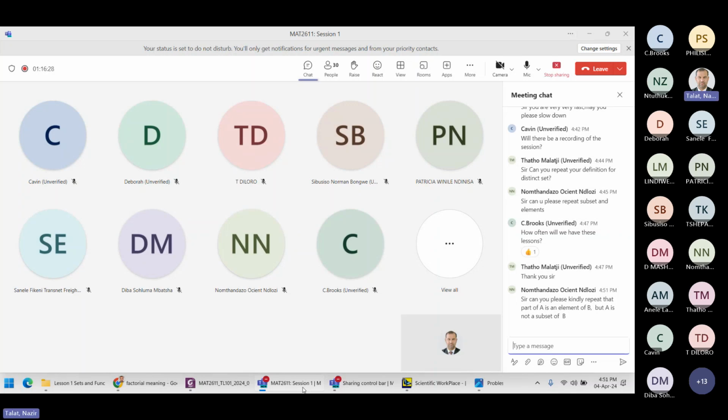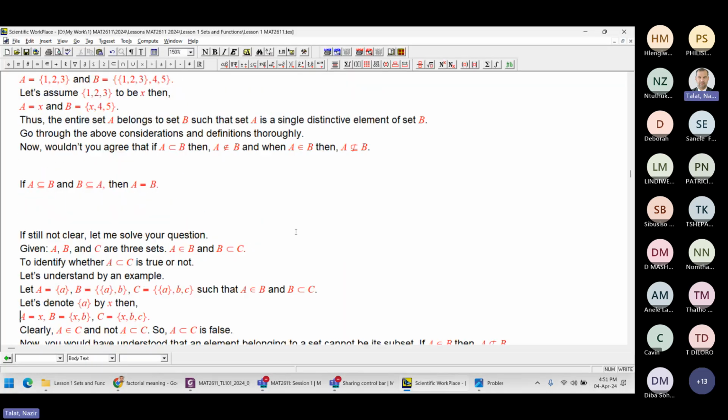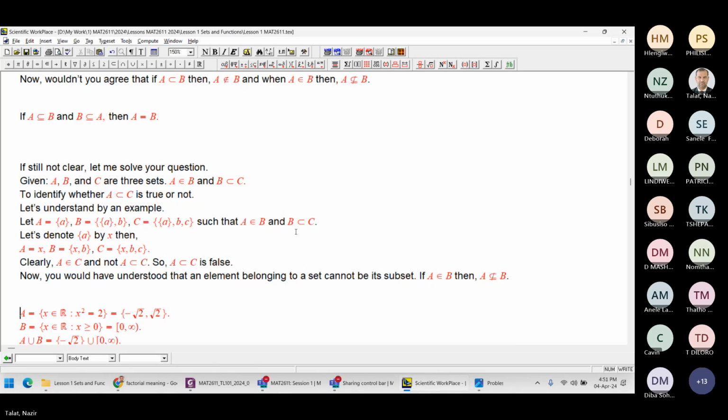There is a question that A is an element of B, but A is not a subset of B. Okay, so here you can see some examples.